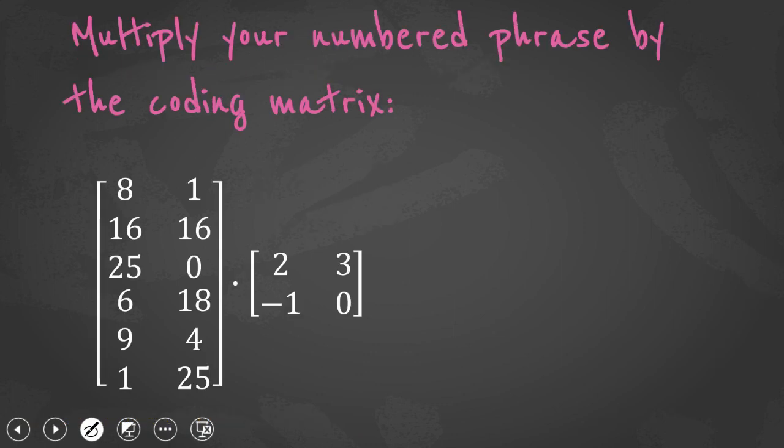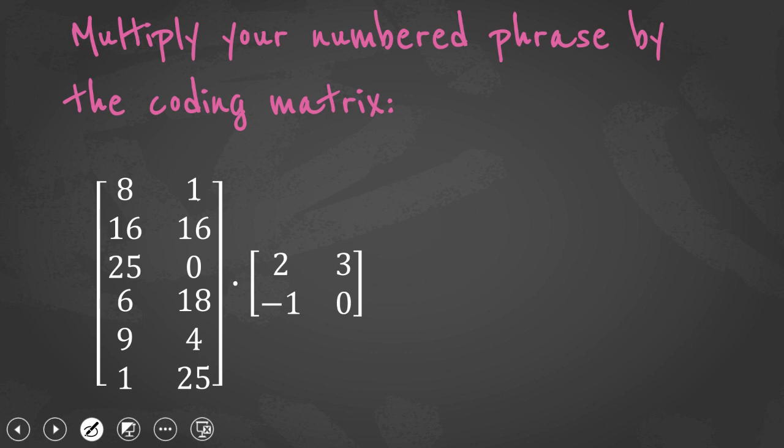Now what I'm going to do is multiply my numbered phrase, which is in this first matrix here, by the coding matrix. It's important that your phrase matrix or your numbered matrix, whatever you want to call it, has the same number of columns as the coding matrix has rows. So for example, I put this in 2 columns, okay?